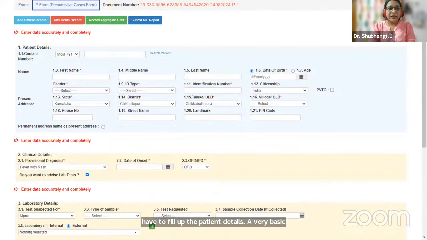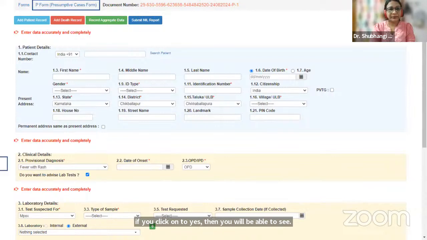Then in the clinical details, for the provisional diagnosis, they have to click on the fever with rash option. As soon as they click on fever with rash and on "Do you want to advise the lab test?", if you click yes, you will be able to see the test suspected for.